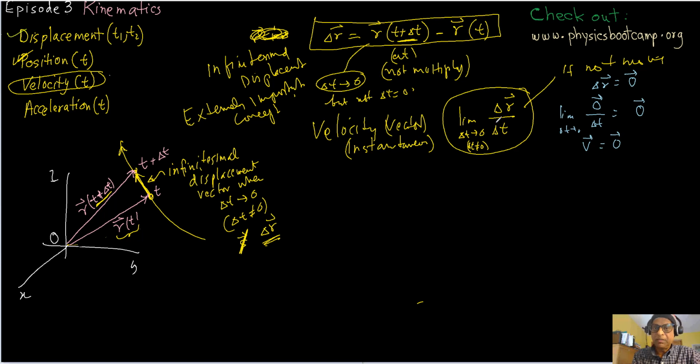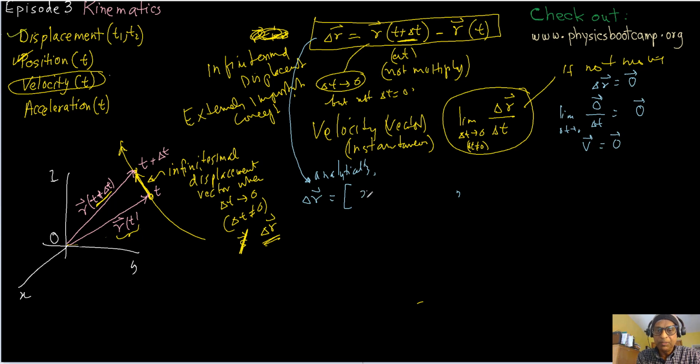So this is conceptually very abstract. How do we actually make it more concrete and more analytic? When we go back and look at this analytically, what we're going to see is delta r has some x component and some y component.